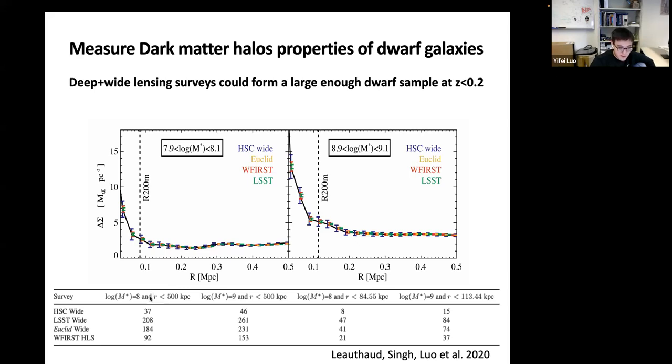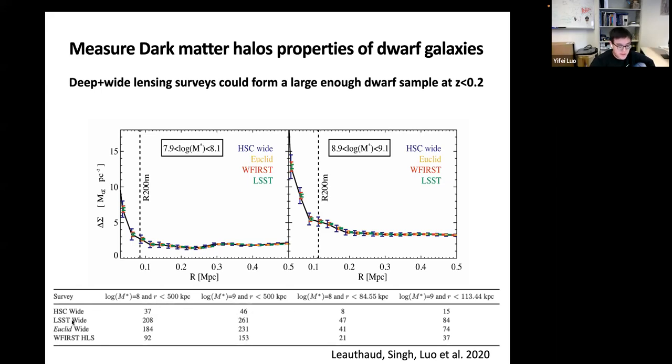So here I give you a summary of their predicted weak lensing signal to noise. As you can see, for a 10 to the 8 stellar mass dwarf galaxy, you can already get a weak lensing signal to noise of about 40 for HSC wide, and HSC is basically finished, so we already have the data there. For 10 to the 8 it's about 40, and for 10 to the 9 it's also about 46, 45.